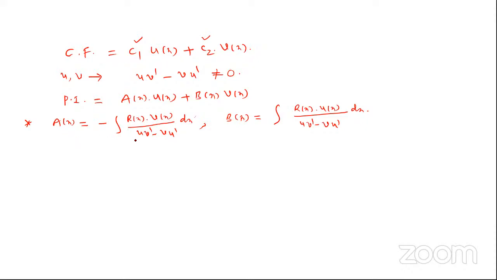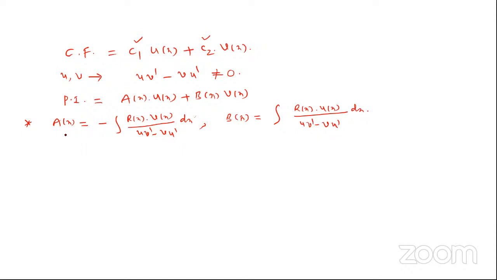Now what is a of x? A of x involves r and v divided by u into v dash minus v into u dash. And b is the same, having r of x, u of x divided by u v dash minus v u dash, dx.